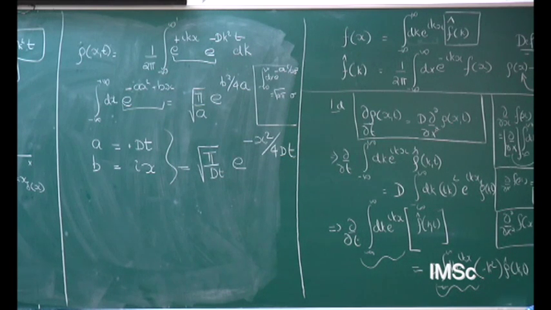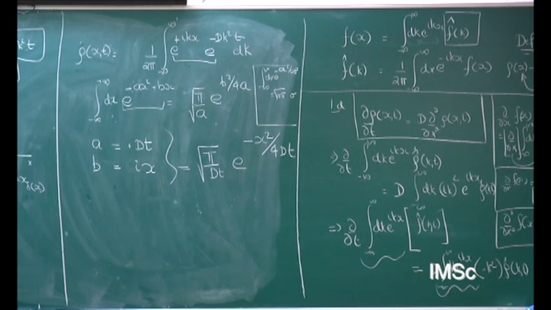Is that okay? Just wondering if I got all my factors correct. And there's a 1 by 2 pi, there's a 1 by 2 pi.